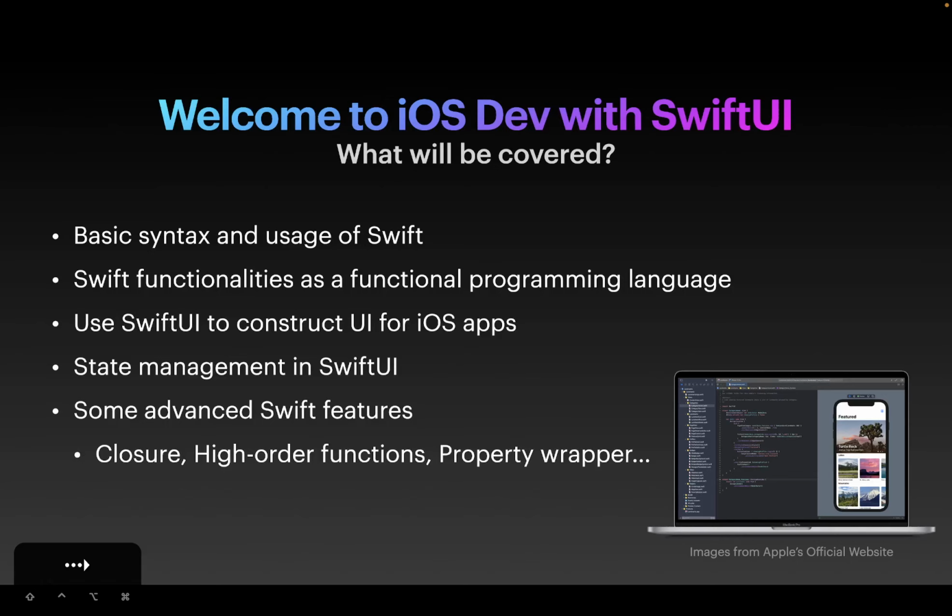Swift is the de facto programming language for the iOS platform, and in this class you're going to learn how to use Swift, so you don't have to learn it on your own. We're also going to cover Swift UI, which is a technology Apple released in recent years for creating user interface for iOS apps or other Apple platforms. We're also going to learn some state management in Swift UI and some advanced Swift features like closures, higher order functions, property wrappers, and all kinds of stuff.